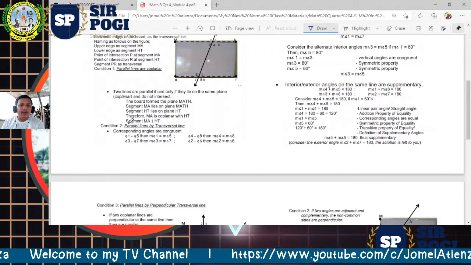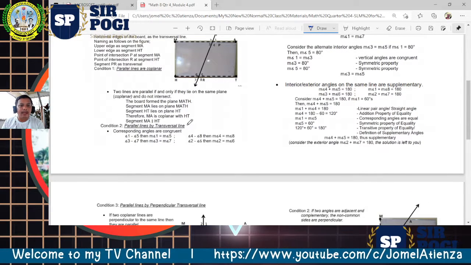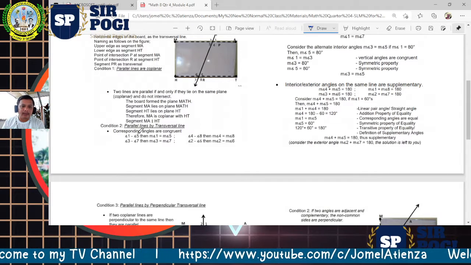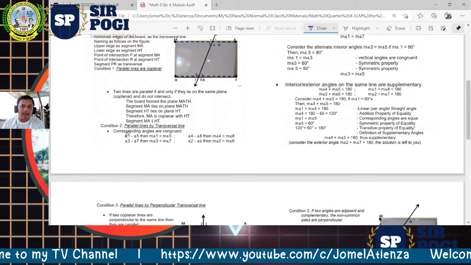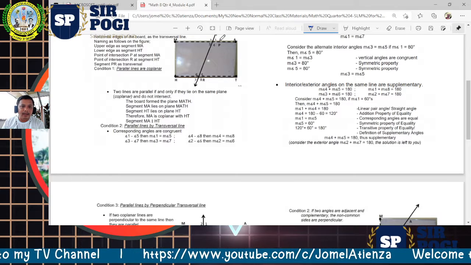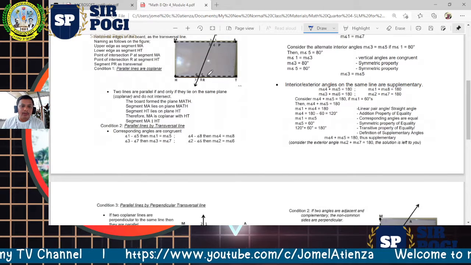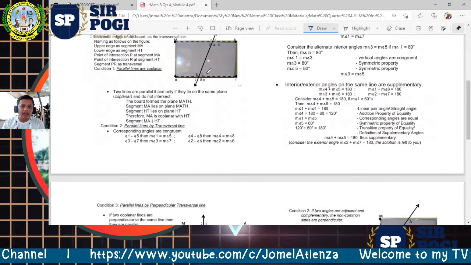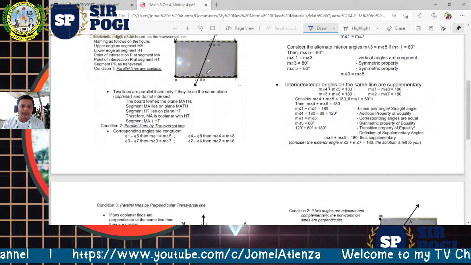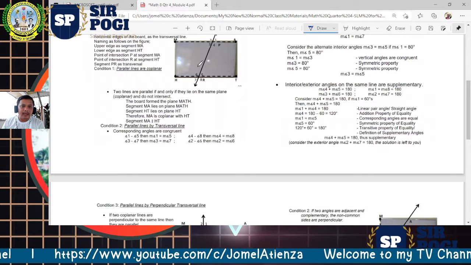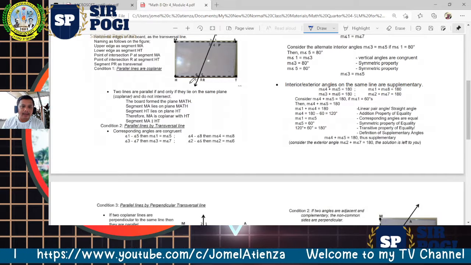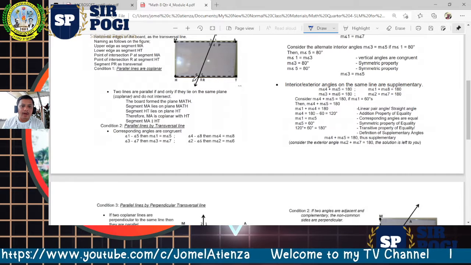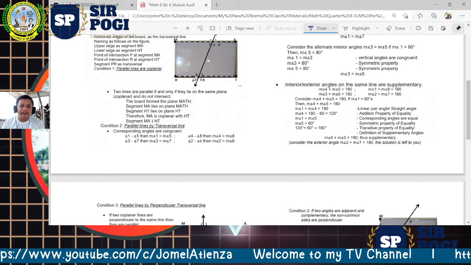Condition 2, parallel lines cut by a transversal line. Corresponding angles are congruent. So, for example, angle 1 is corresponding to angle 5. Then the measure of angle 1 is equal to the measure of angle 5. Angle 3 is corresponding to angle 7, so the measure of angle 3 is equal to the measure of angle 7.